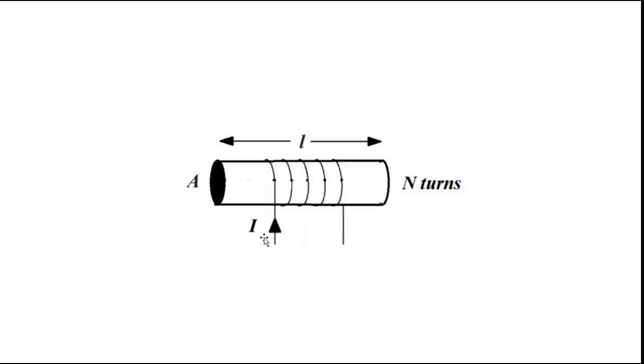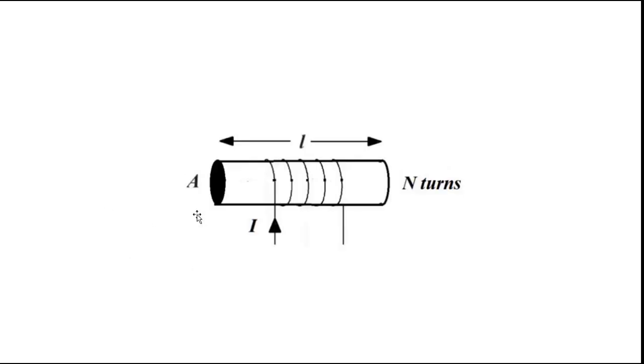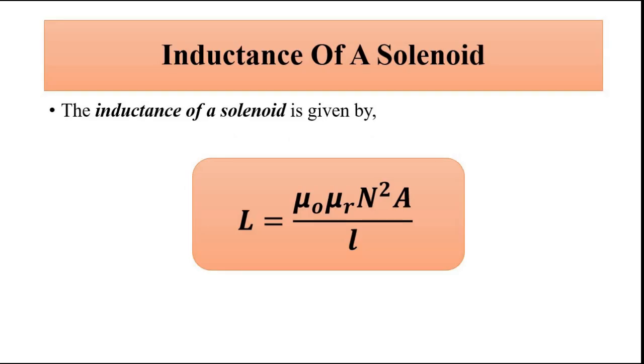The inductance of this solenoid is given by mu 0 mu r N square A by L, where mu 0 is the absolute permeability, mu r is the relative permeability, N is the number of turns of coil, A is the cross-sectional area, and L is the length of the solenoid. So these are some of the basic concepts related to inductance, or self-inductance in particular.